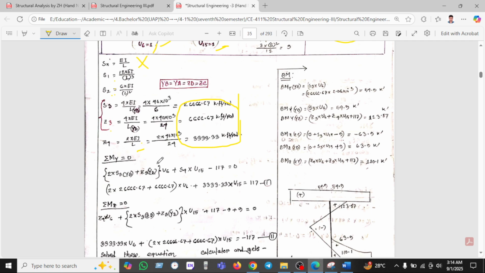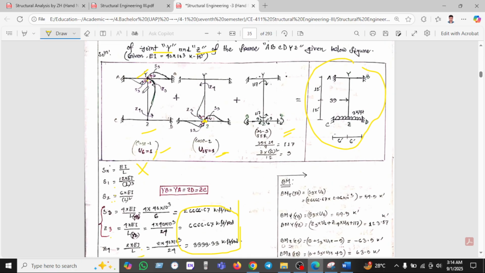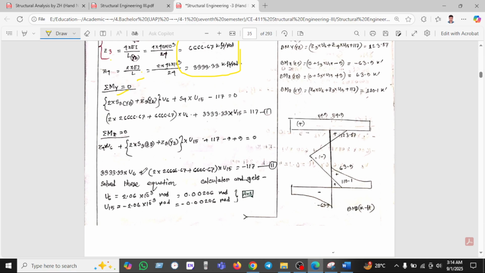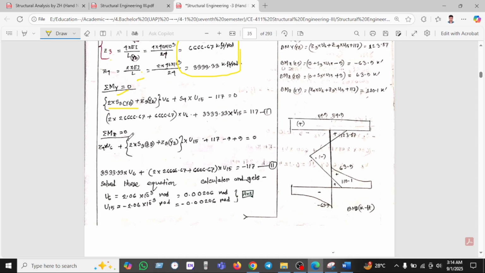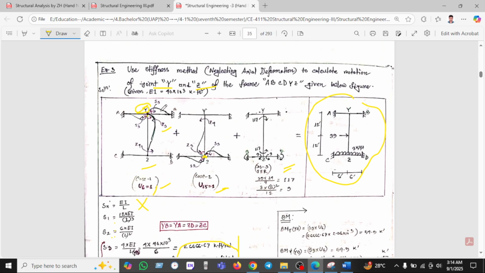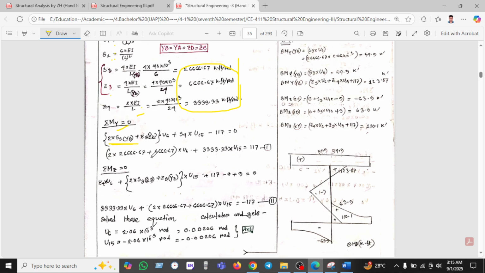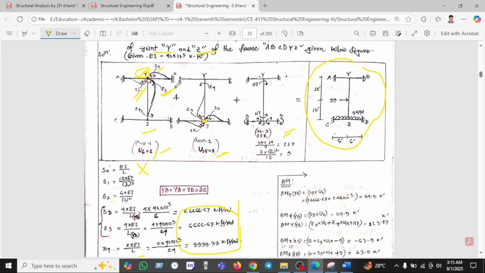Now in the same way, we just take the moment MY. So this is the Y point, and we are summing all the moments at point Y. 2 into S YB. So this is the moment. We are taking the moment to S3 into YB. So you can see this S3 and this S3 are the same, and Z3, this is the Z3.